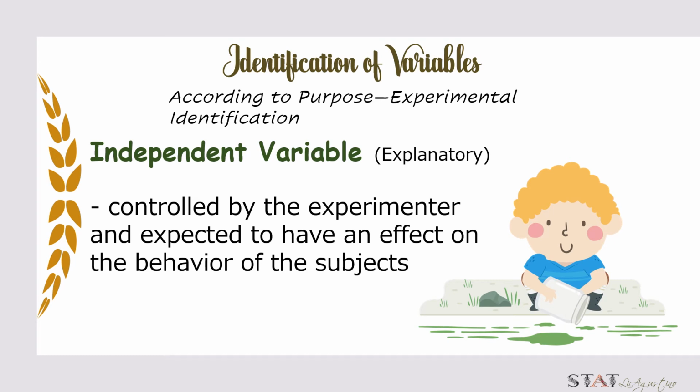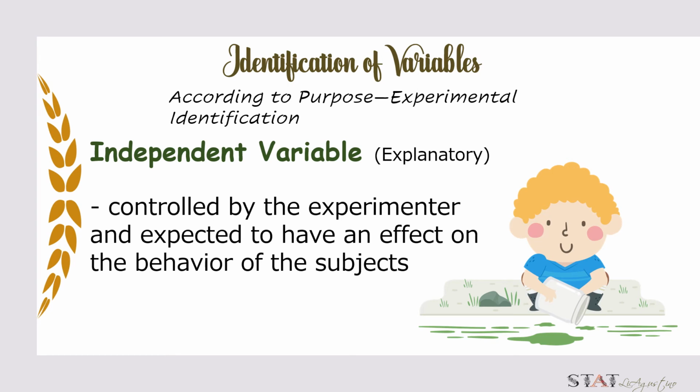It is controlled by the experimenter and expected to have an effect on the behavior of the subjects, or would have an effect on your sampling unit, your experimental unit. So in the case of Daniel, the explanatory or independent variable is the type of diet. So the reason, okay? The cause. That's how we identify variables according to purpose, most especially in experimental identification.